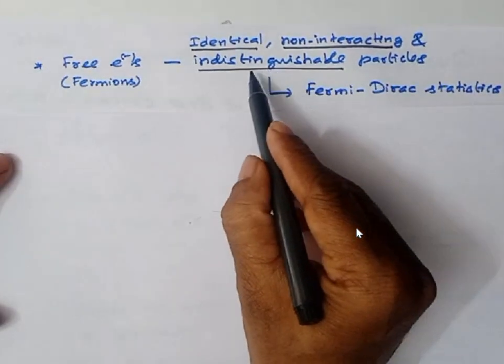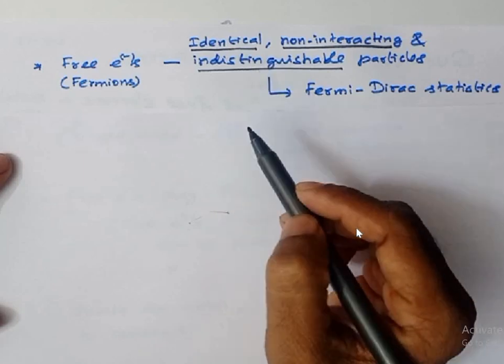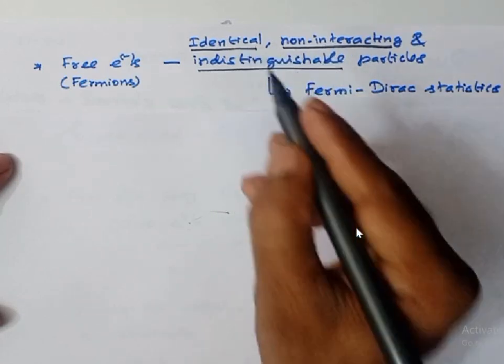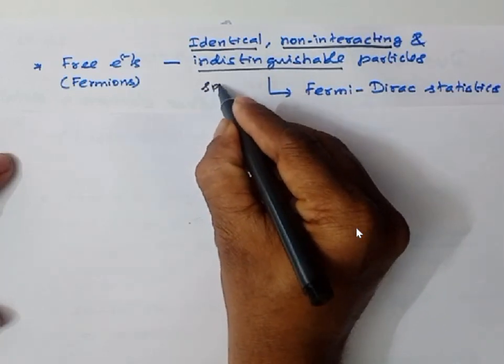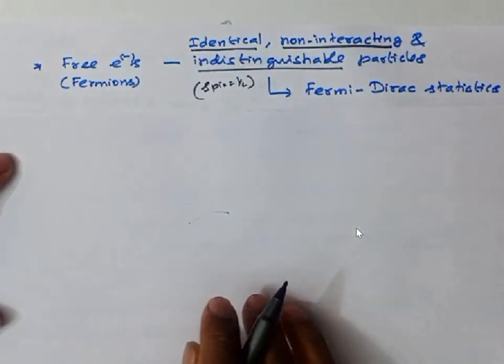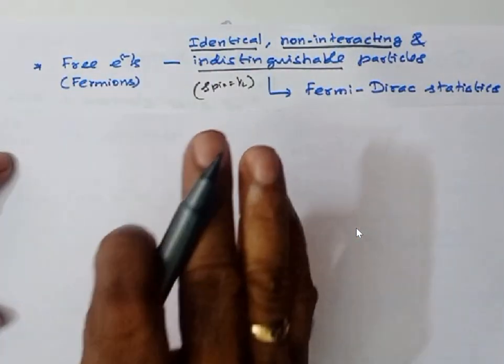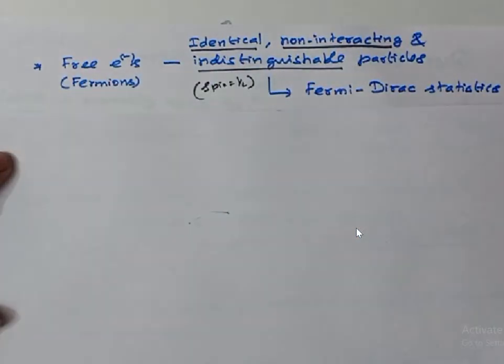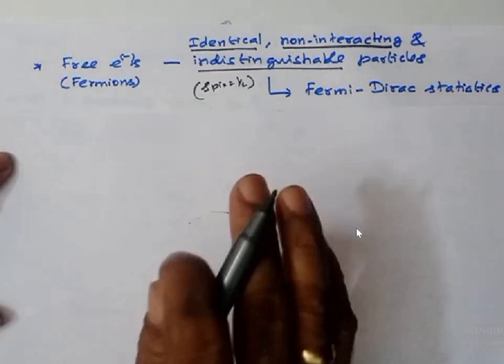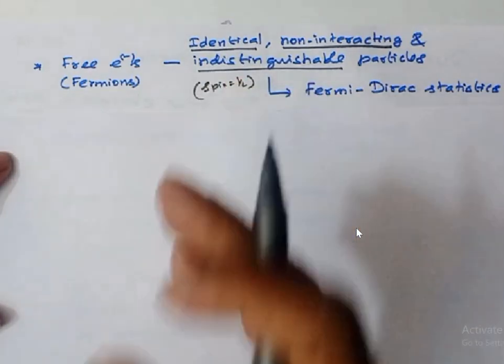If the particles are indistinguishable, identical, non-interacting, and have half-integer spin, they are fermions. To treat fermions, we should not use Maxwell-Boltzmann statistics; we use quantum statistics.